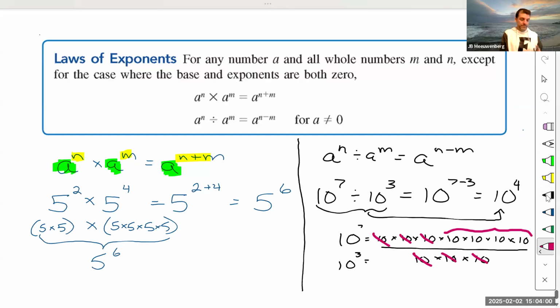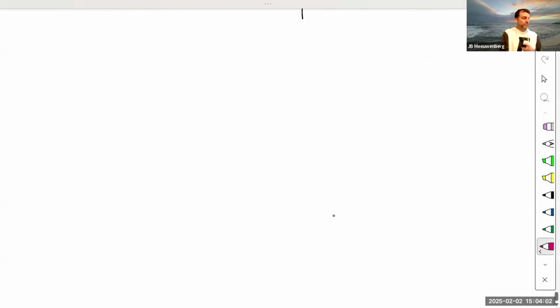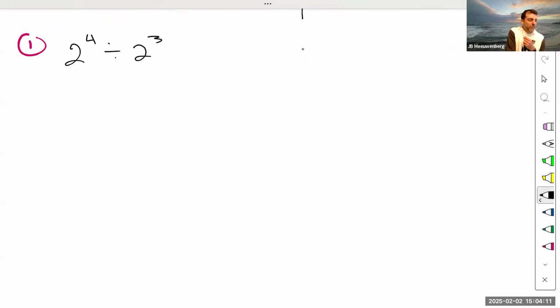So try a couple of these on your own. Let's do 2 to the 4th times 2 to the 3rd, and 2 to the 8th divided by 2 to the 3rd.